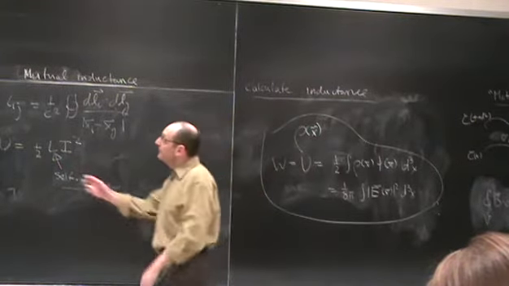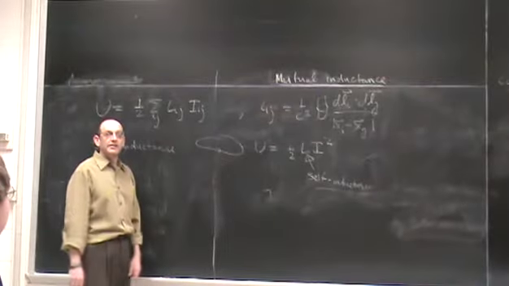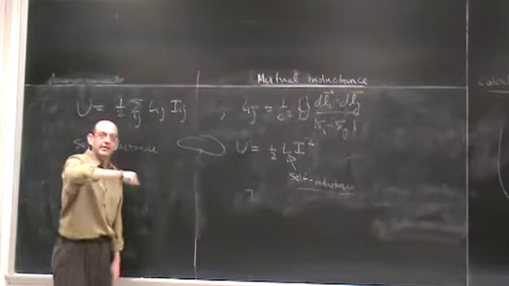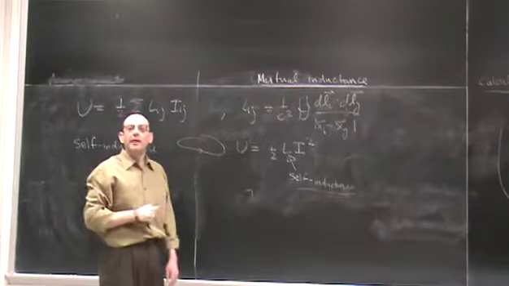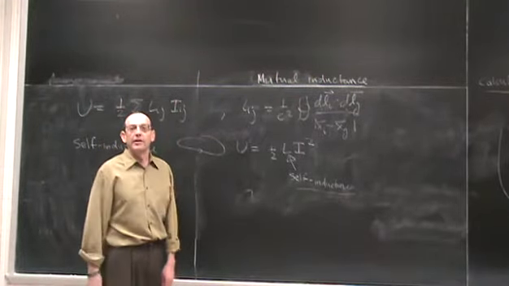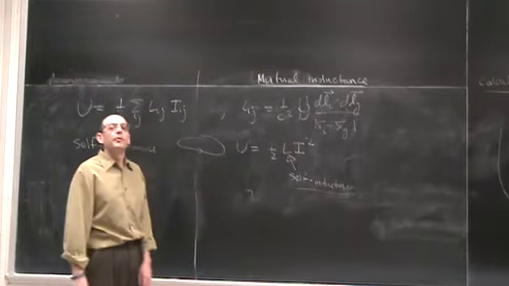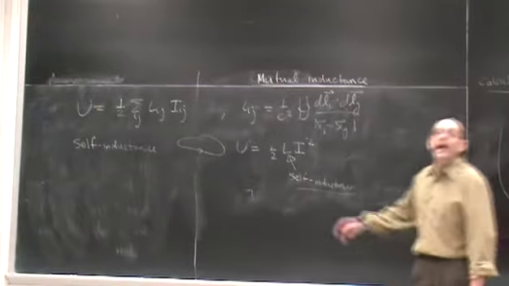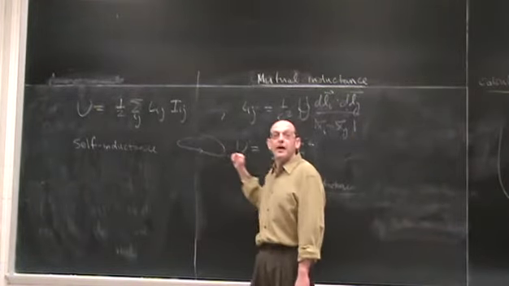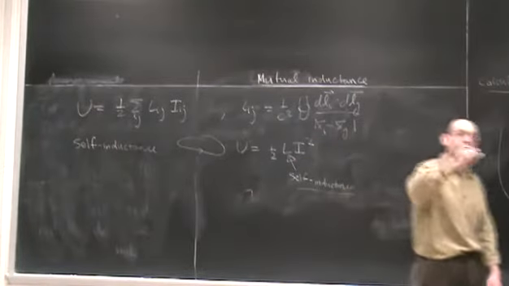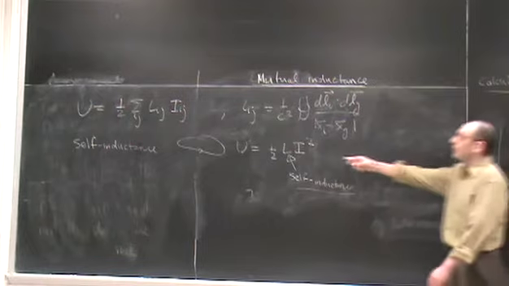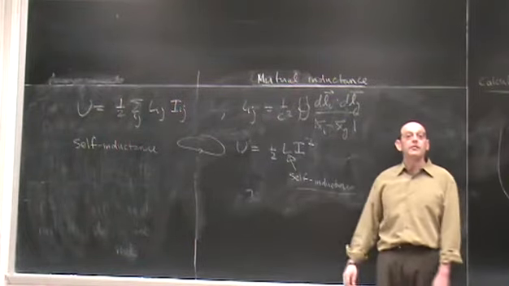So I imagine there's no current in this loop, and then I turn on the source and it starts, adiabatically, ramping up to the final current. The amount of work necessary to do that was the work I had to do against the back EMF generated as the current was changing and thus the flux was changing, which can be equally expressed in terms of the self-inductance of the loop.